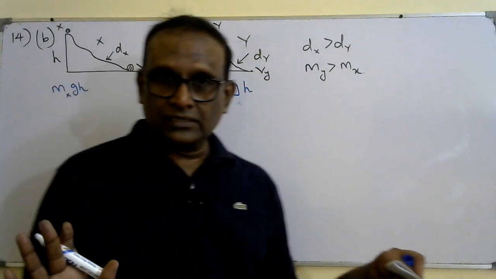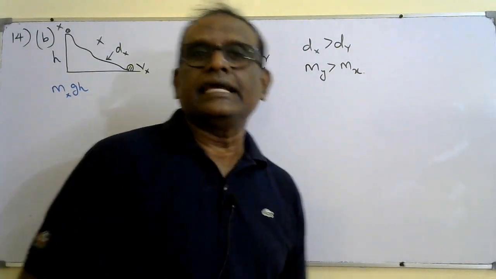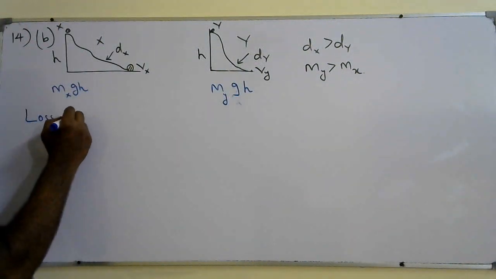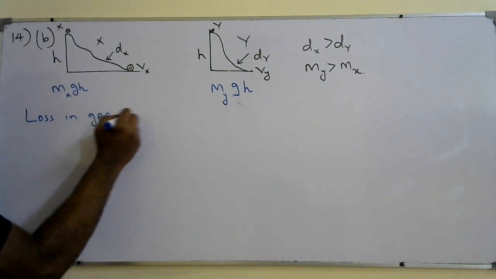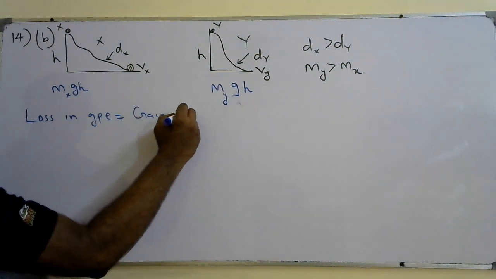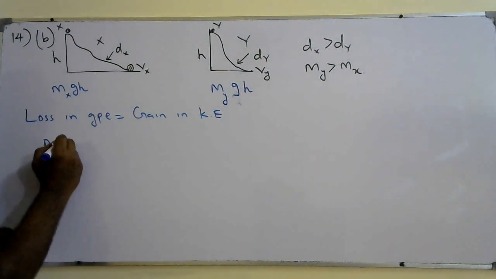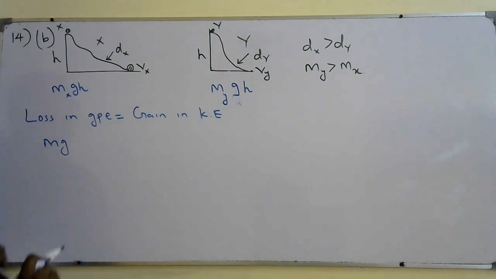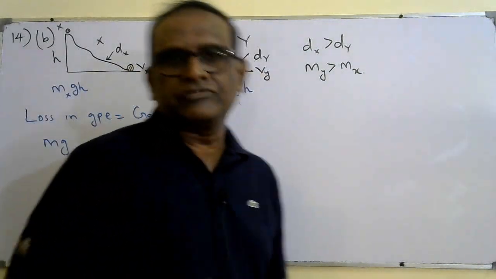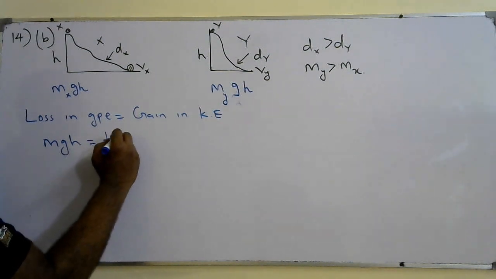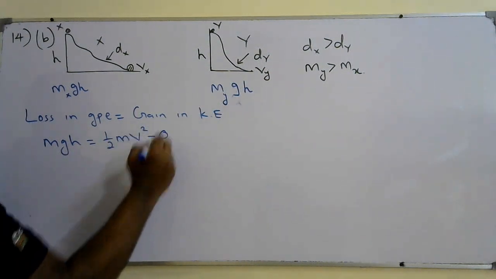But no friction. So we are going to use the same earlier equation. What is it? Loss in GP equals gain in KE. So loss in GP, generally if I write without considering the x or y, mgh is equal to half mv squared minus 0.